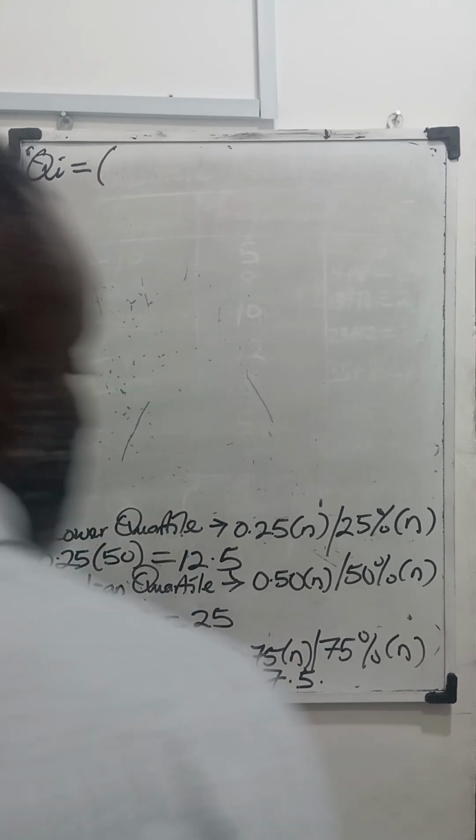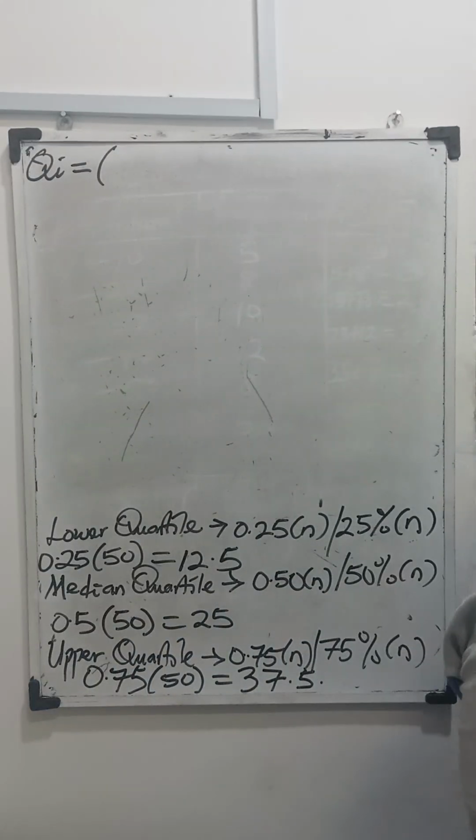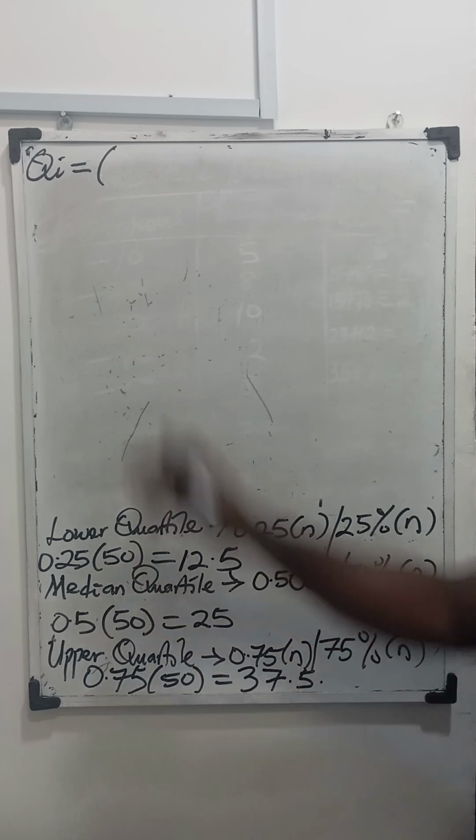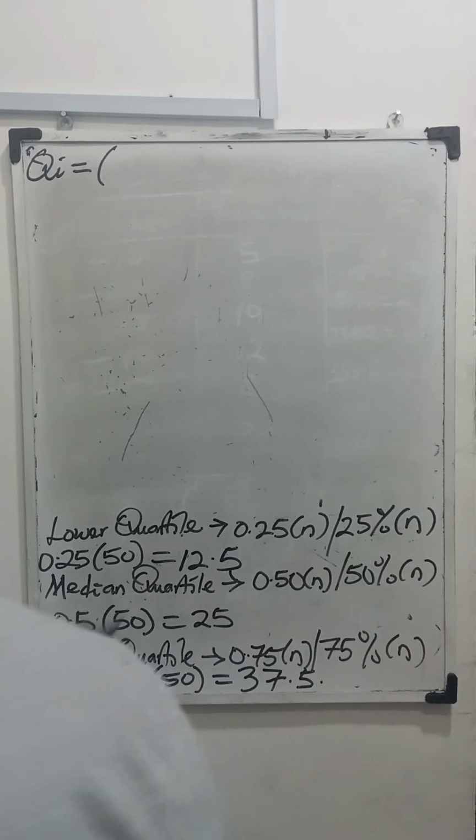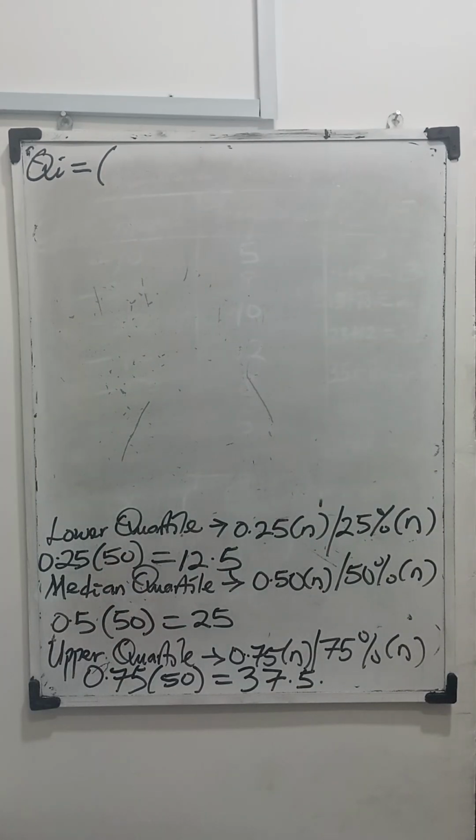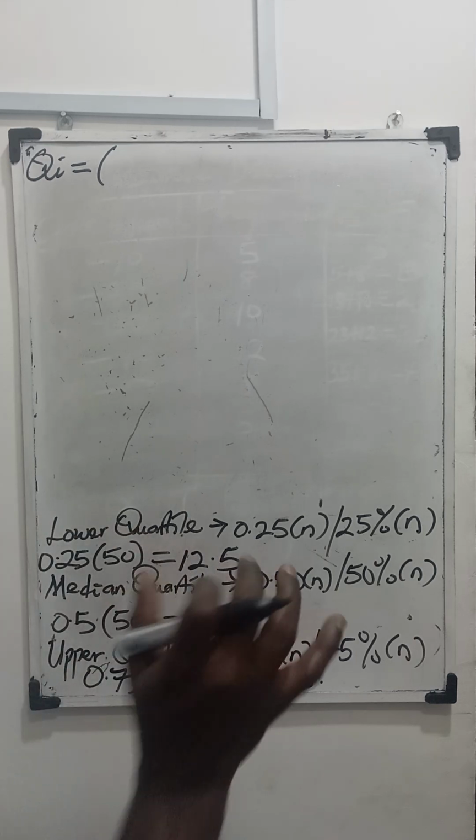At the first instance, what did you get? You have it on your note there now. So the QI is the what? 22.5 minus 18. So for the first one there, you had the lower quartile, because you want to get the value of the lower quartile.